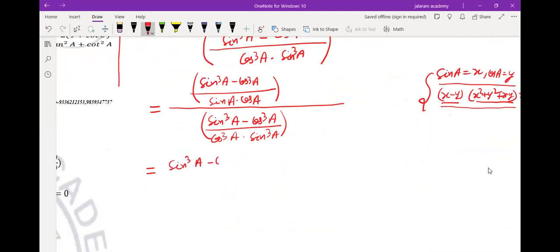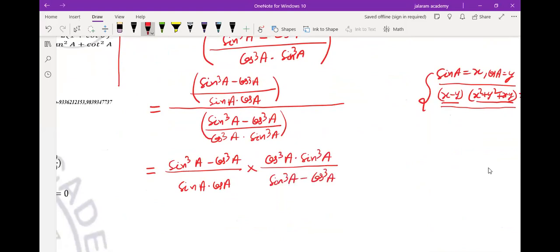Now sin cube A minus cos cube A upon sin A cos A in the numerator, and the denominator means it is divided. So we will multiply by the reciprocal of the denominator. Cos cube A sin cube A upon sin cube A minus cos cube A. They will be cancelled out.